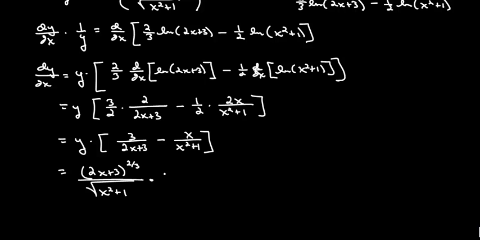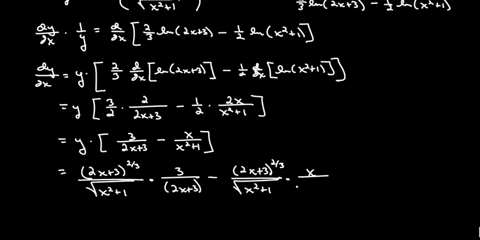So let's just do those separately. So this will be 3 over 2x plus 3 minus that guy again, 2x plus 3 to the 2/3 over the square root of x squared plus 1 times x over x squared plus 1, like that.